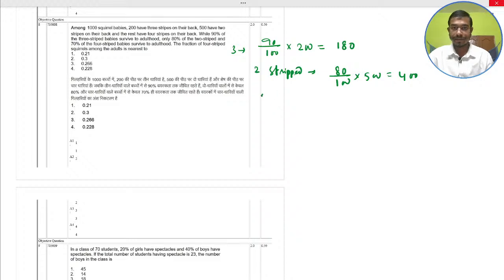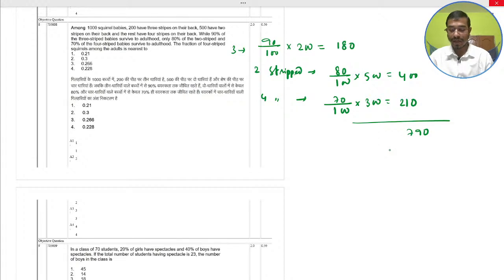Next, the 4-striped, 70 divided by 100 into 300, that would be 210. The total sum would be 790.